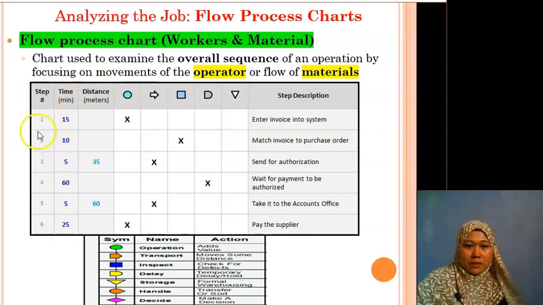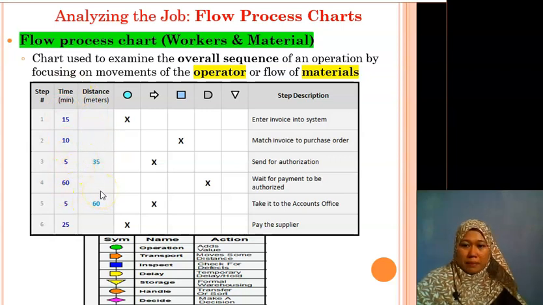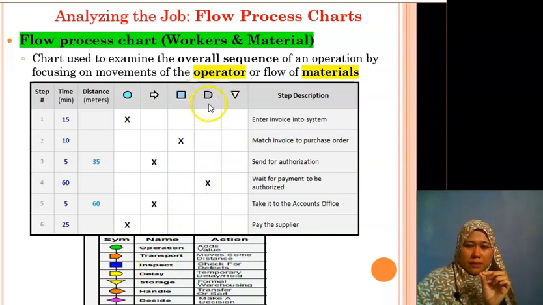We have steps, step 1 to step 6. Then we have time, and distance, if they have to go to another department or walk to another place. These symbols have meanings: the round one is operation, the arrow is transportation, which means they move, the square means inspection, the D-shaped one is delay, and the upside-down triangle is storage.